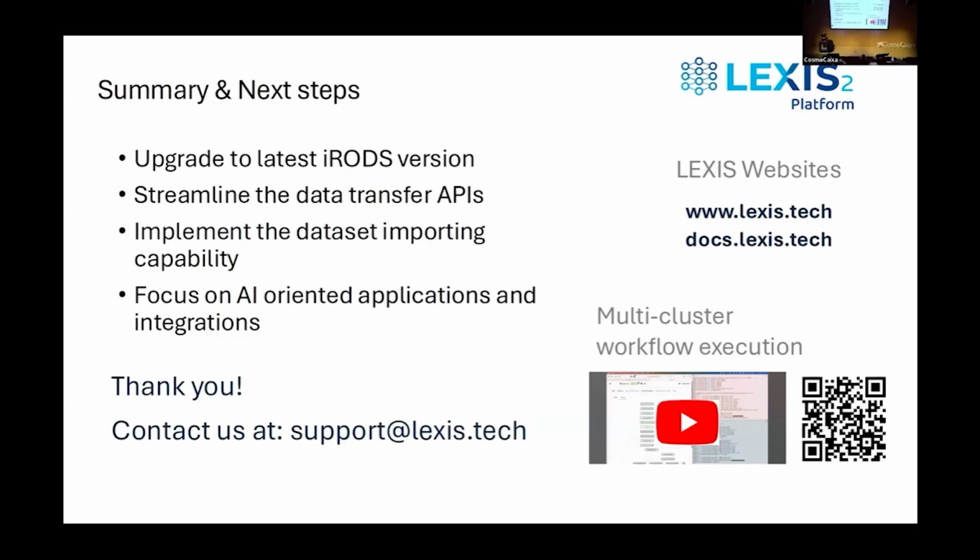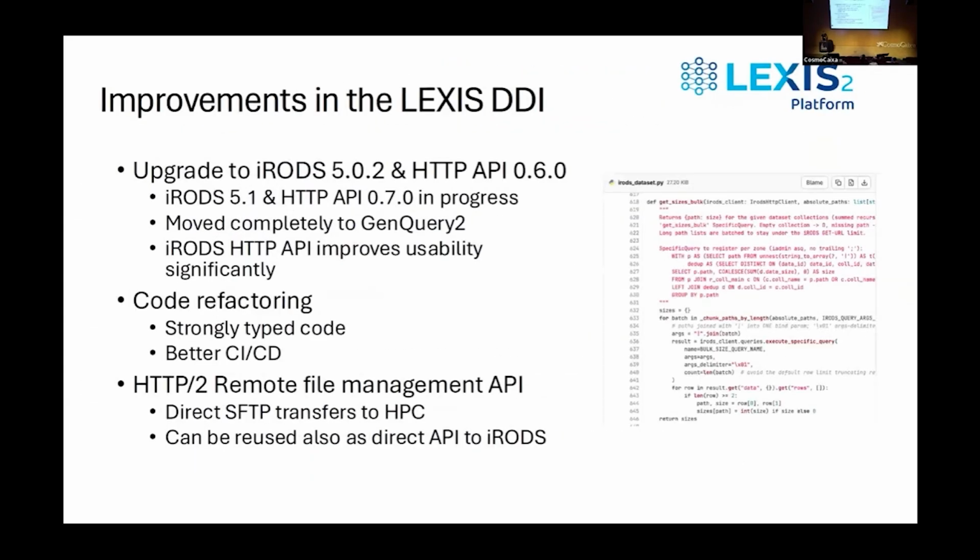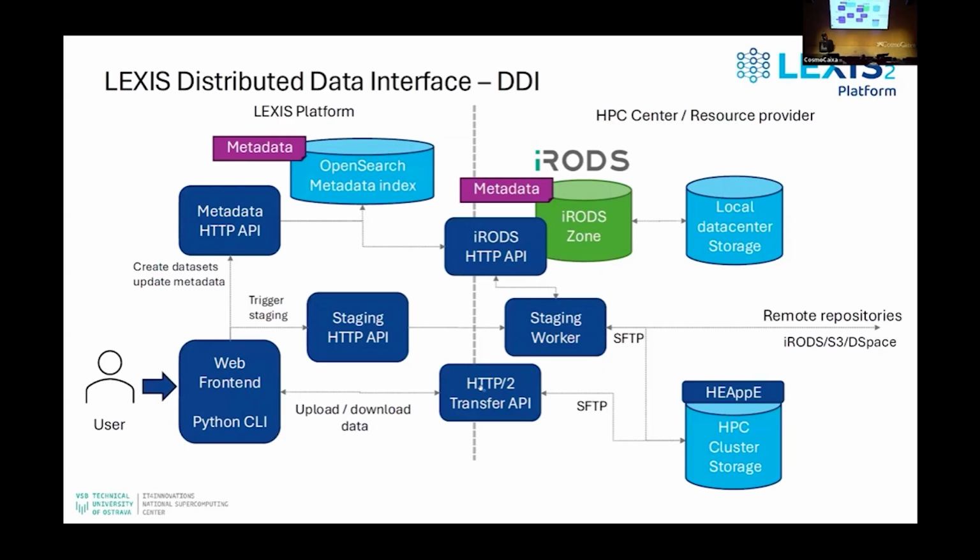Yeah. This is what we use OpenID for, because the transfer API, which is on this slide, this one, is deployed on a target resource provider, but disconnected from the AAI or OpenID provider, which is operated here on the left side of the slide. And we leverage that.